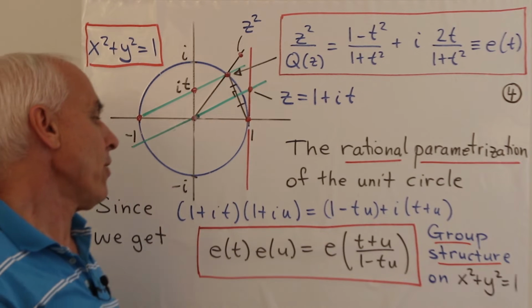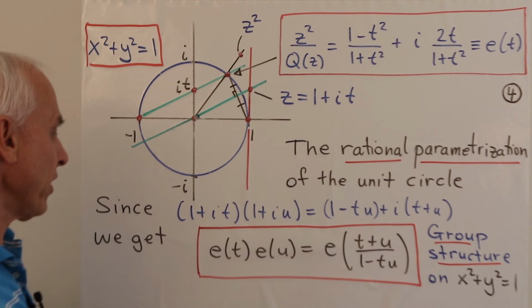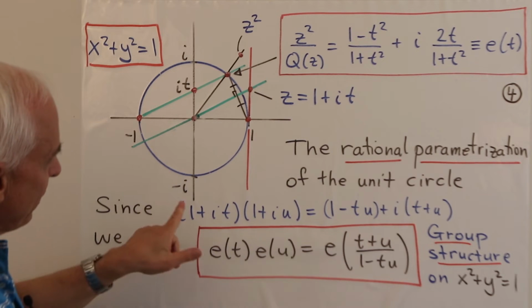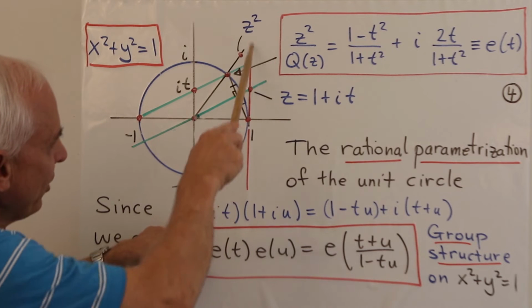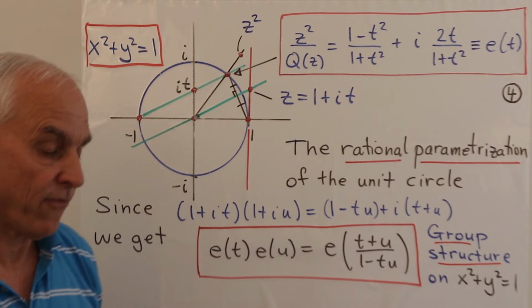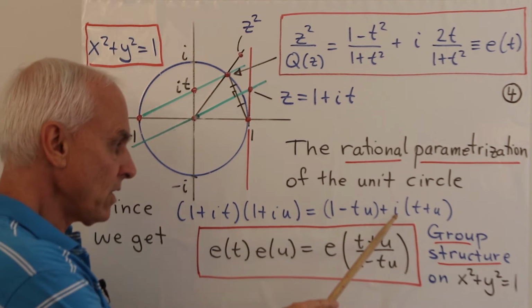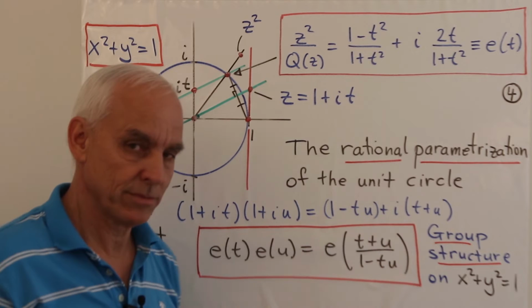Okay, now the rational parameterization of the unit circle, that's what we have here. And now we can observe that if we have 2 points on this vertical line, say 1 plus it and 1 plus iu, if we multiply them, we'll get 1 minus tu plus i times (t plus u).